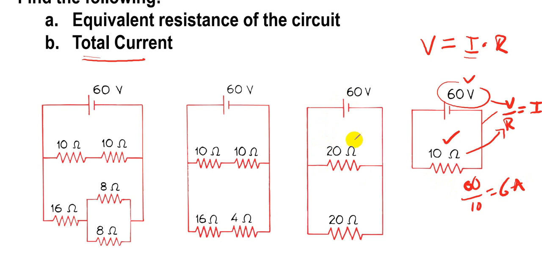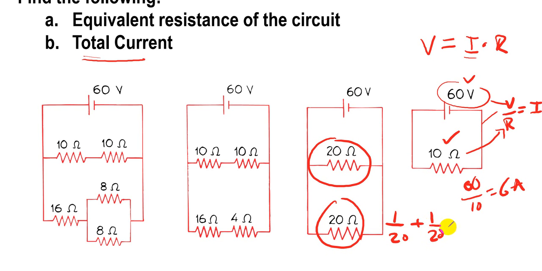Now let's look at the next one. 20 ohms and 20 ohms, they are in parallel. In parallel, we know that we need to put them in fractions and add them up, right? So 1 over 20 plus 1 over 20. This will give us 2 over 20, which reduces to 1 over 10.